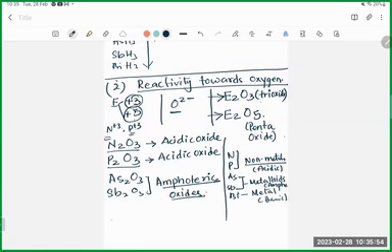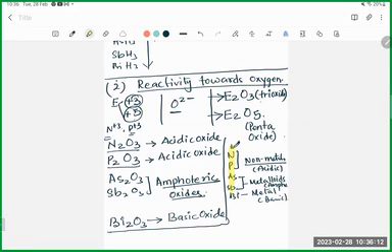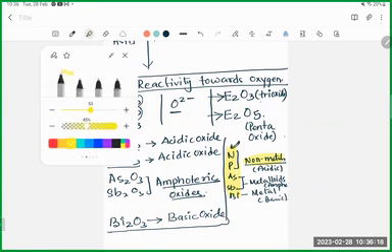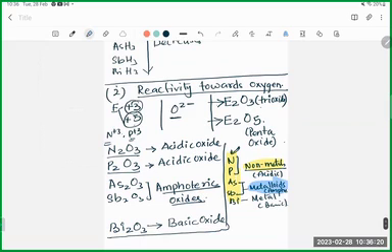Last is bismuth oxide, Bi2O3. Why is it a basic oxide? Because it's a metal, and metals provide basic oxides. You can make this chart and study it, because that's the reason I told you this first. This is very important, besides a lot of other characteristics here.